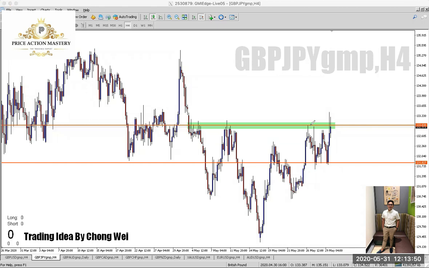Every single pair has its own characteristic. So as you can see, when they reach this level, they're able to come back to this level. When they almost reach this level, they're also able to come back to this level. So we'll be expecting that when they also pull back to this level, then we have our buy position. Okay, buy position.